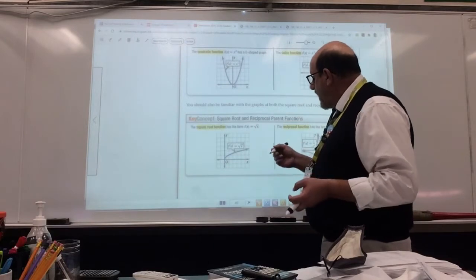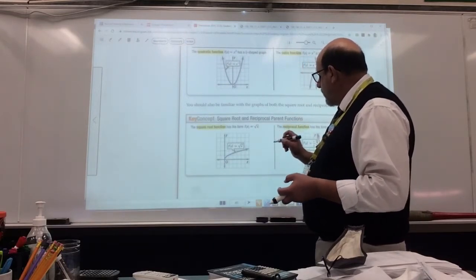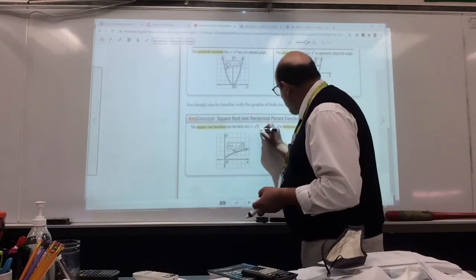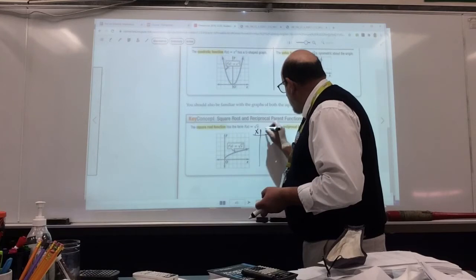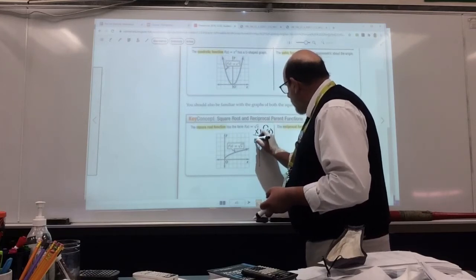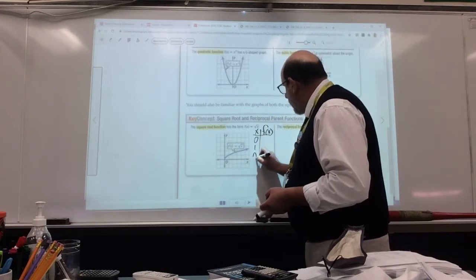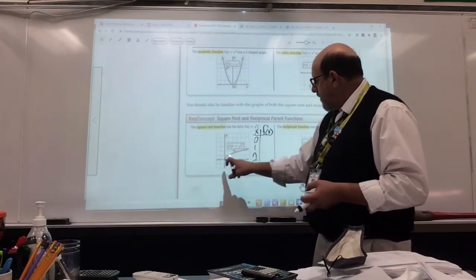So for me, I like to use those numbers that are actual square roots. So I'm going to use 0, 1, and 2. That's going to give me that parent function.